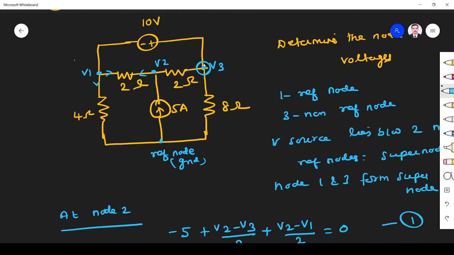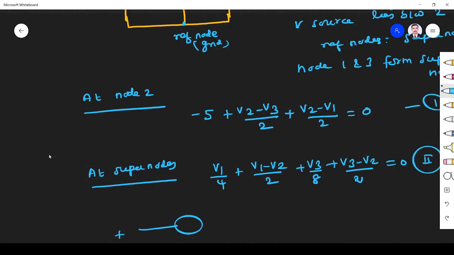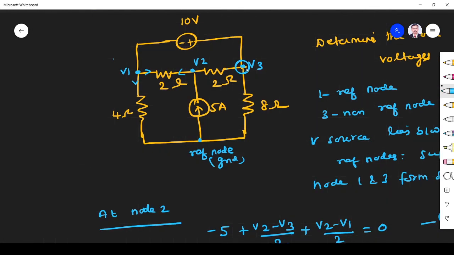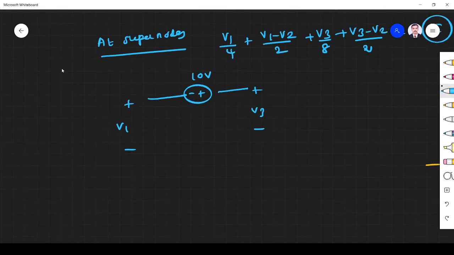Here V1, here V3, and between them the voltage source, which you draw like this: V1 plus minus, a voltage source of 10 volt, then closing with V3. Now we apply KVL.